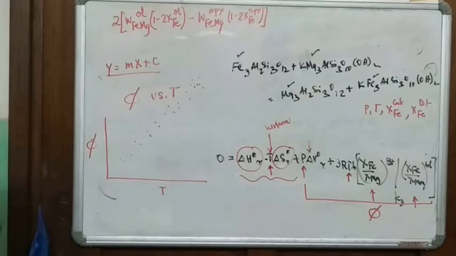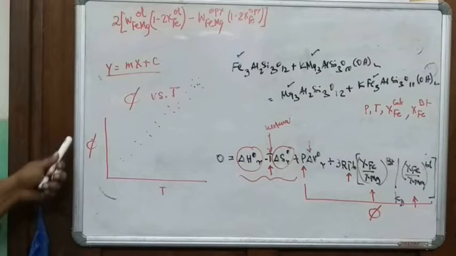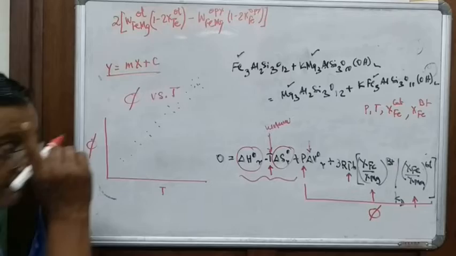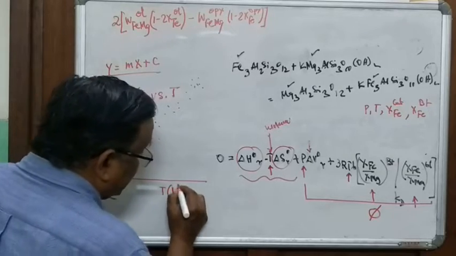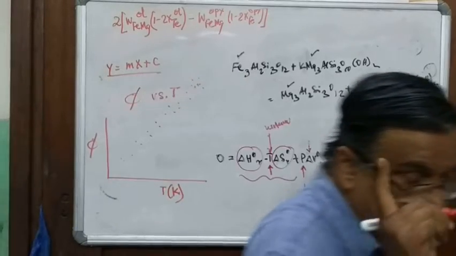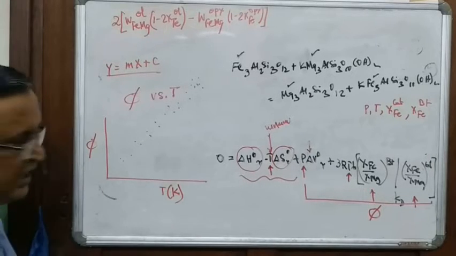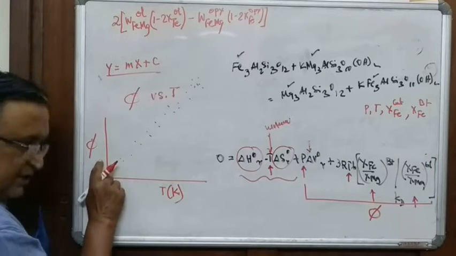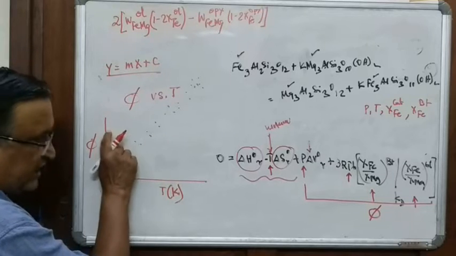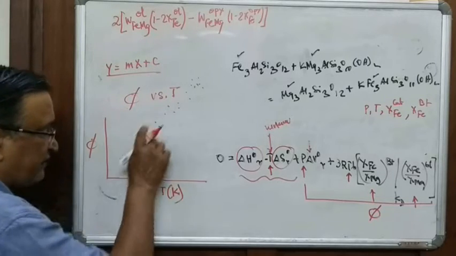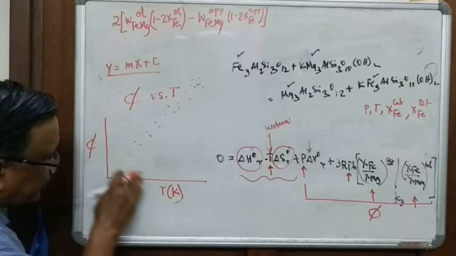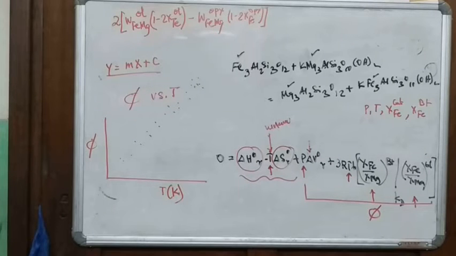Remember to take temperature in kelvins. For a particular T, you will get a particular phi. Change the T, you will get another phi. So you will have a variation of phi versus T.